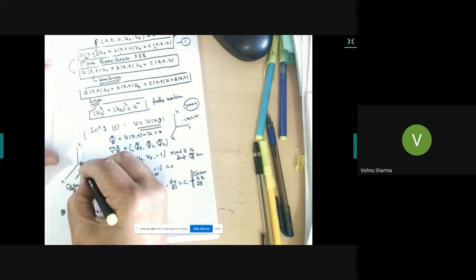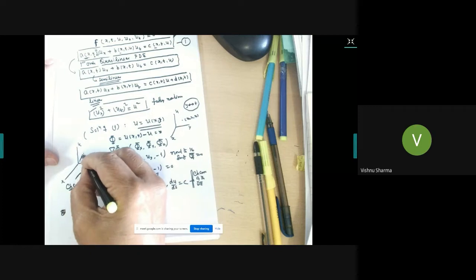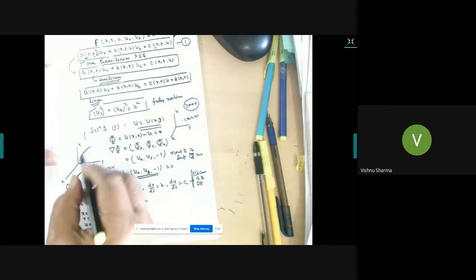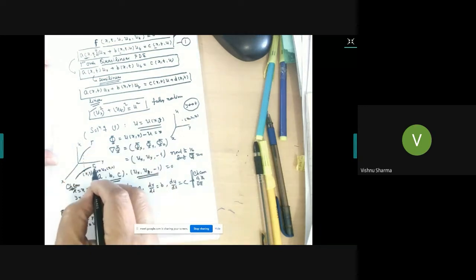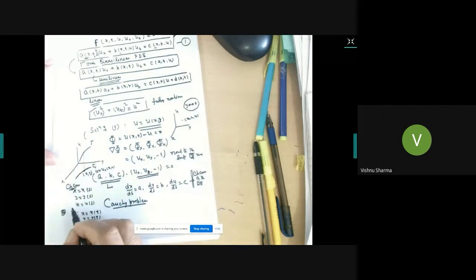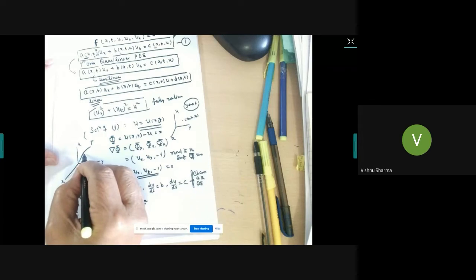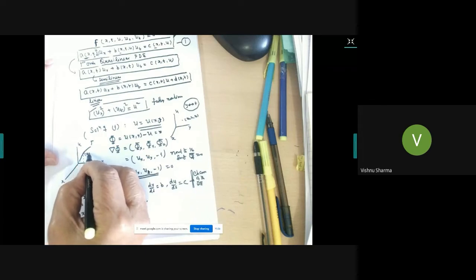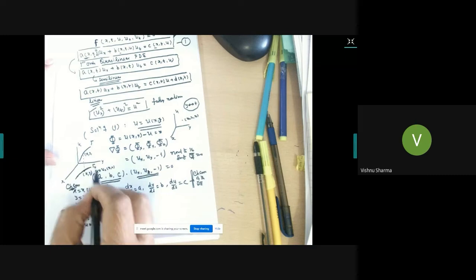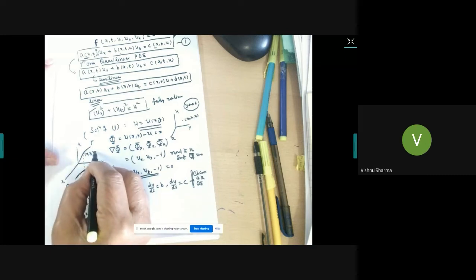This gamma naught is the projection of it in the xy plane. This is your x, y, and then u. What is u? u is equal to u of x, y.